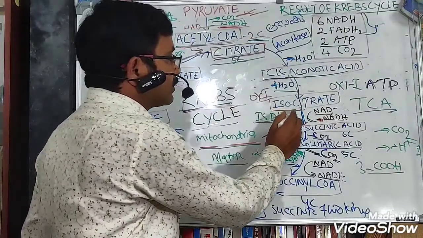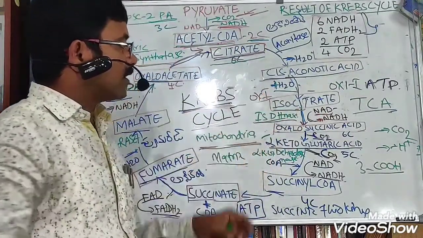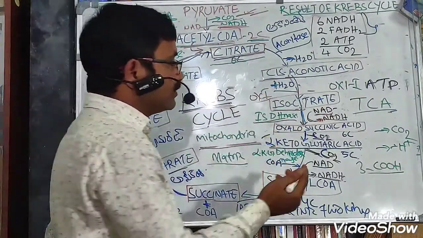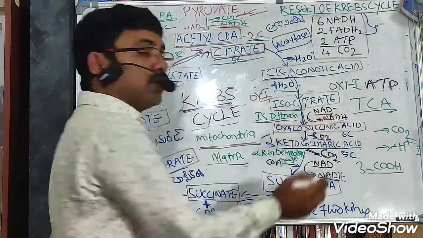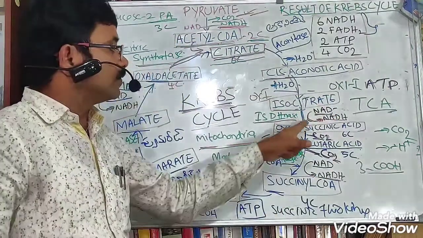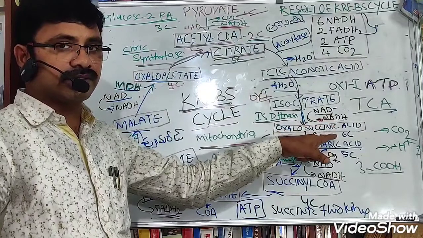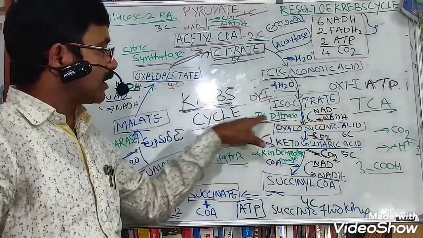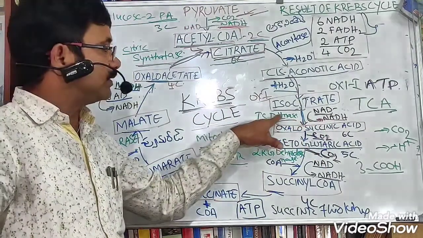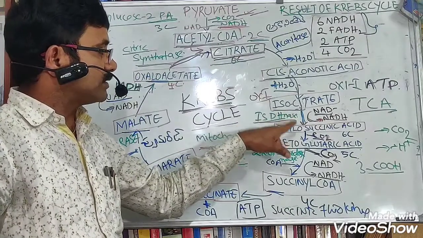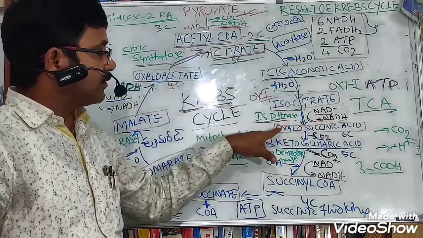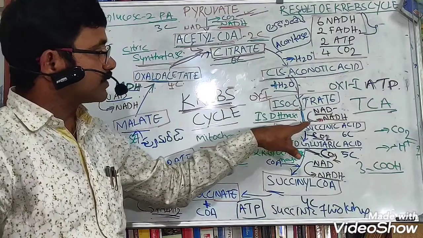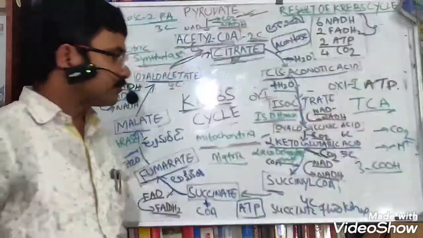Here the isocitric acid loses hydrogens, and these released hydrogens are received by coenzyme NAD to form NADH. This reaction is catalyzed by isocitric dehydrogenase. As a result, isocitric acid converts into oxalosuccinic acid.